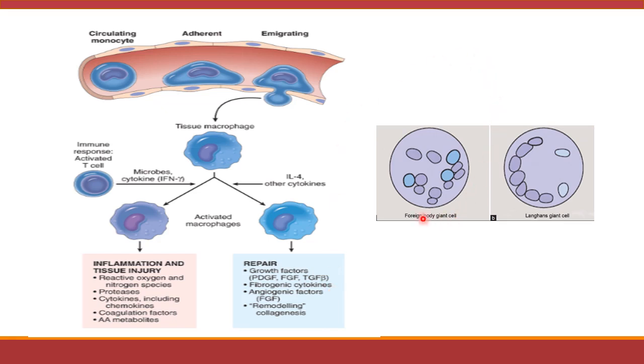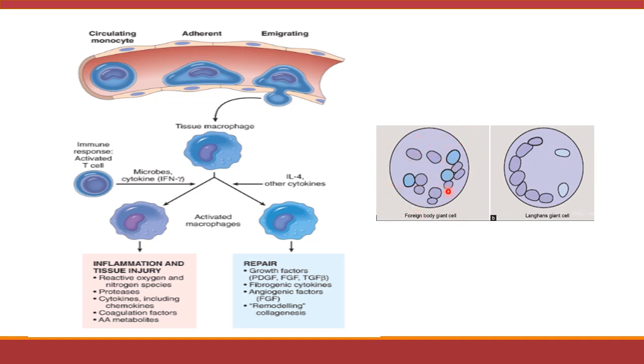This is a very nice representation of the giant cells. We agreed together that in some cases, the macrophages that are activated will unite together to form large cells with multiple nuclei inside. So this is a very nice illustration of a giant cell, a cell with a single cell membrane, single cytoplasm, but many nuclei inside.